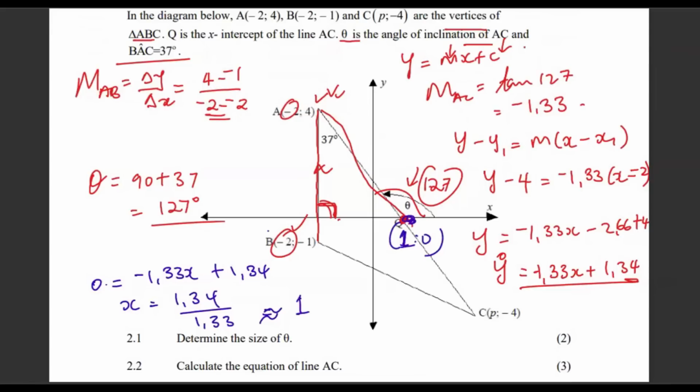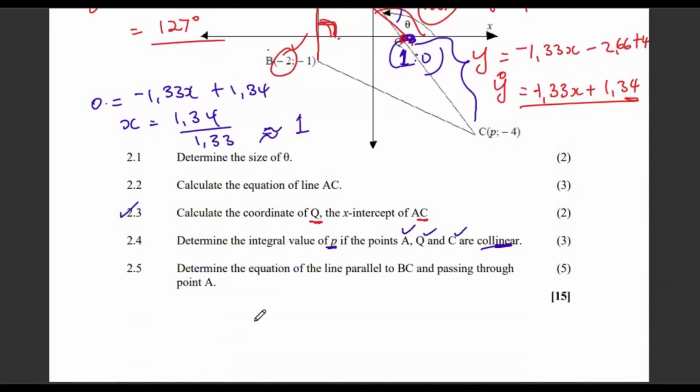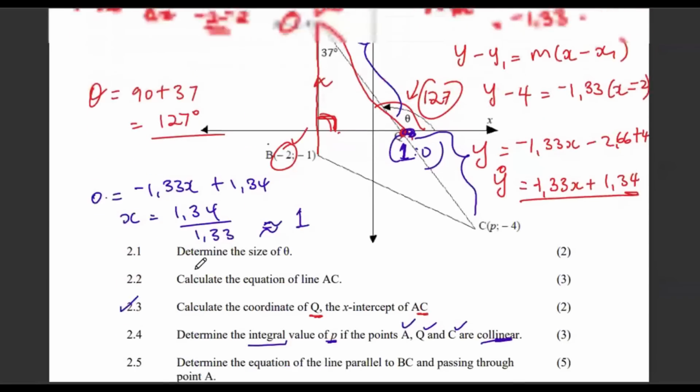Meaning that the gradient from A to Q should be the same as the gradient from Q to C. So I'm not going to use the gradient that we found because it's sort of a decimal, but then 2.4 is being specific and says they want the integral, meaning that it should be more or less like a whole number value for P.